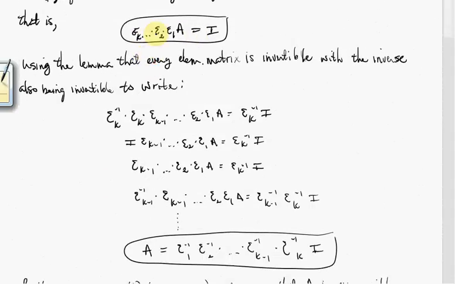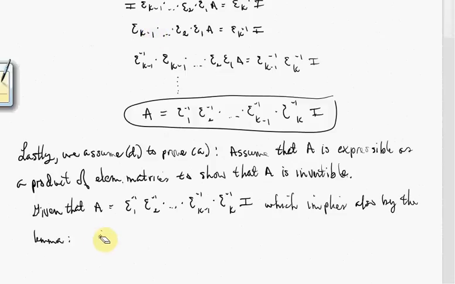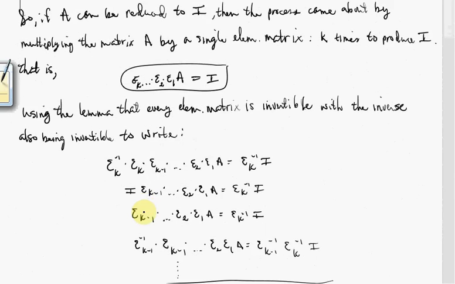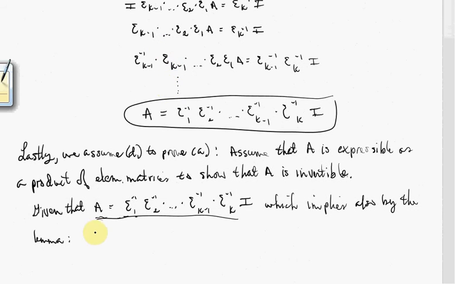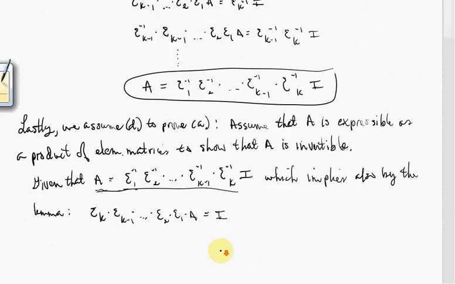That's what I'm after. That is, if I take this statement and multiply each side, left multiplication, by each of these inverses here, starting with E sub 1, I end up with what I started out with here. So this gives me E sub k times E sub k minus 1 times, and so on, times E sub 2 times E sub 1 times A is equal to the identity matrix.